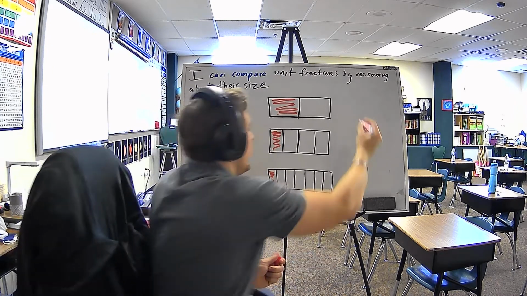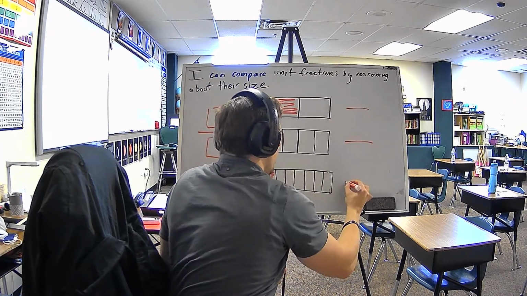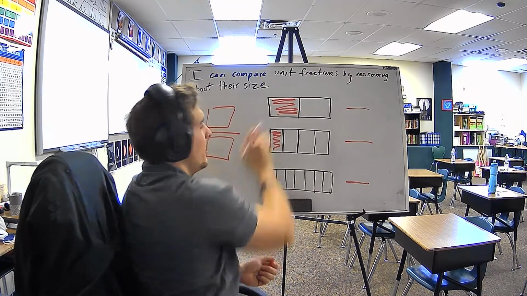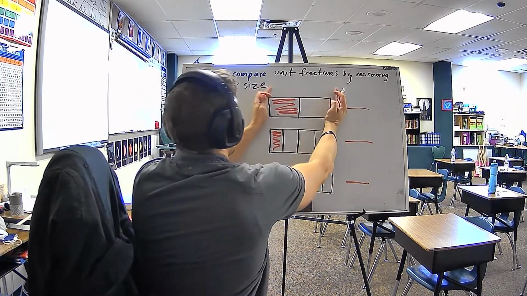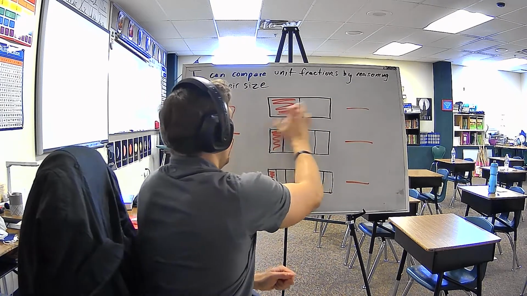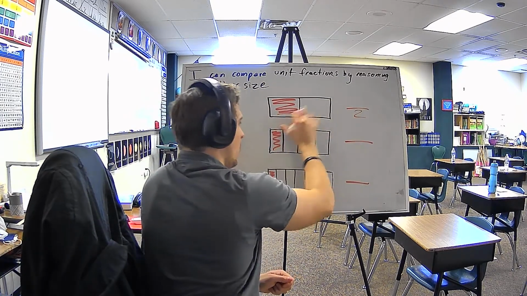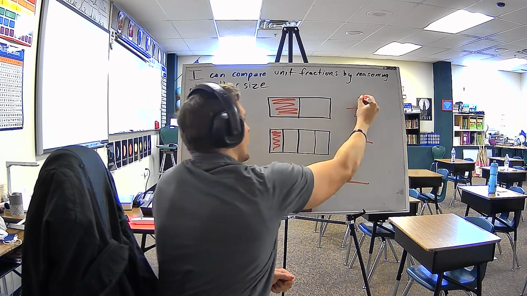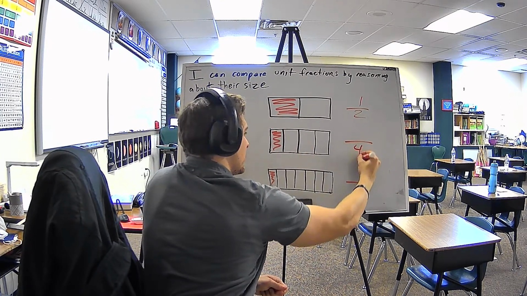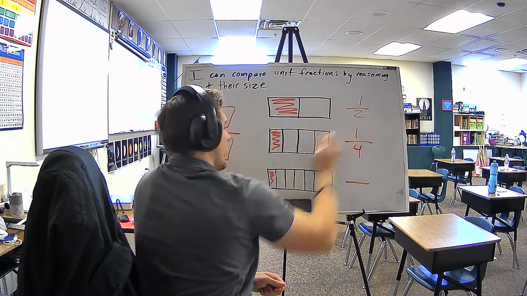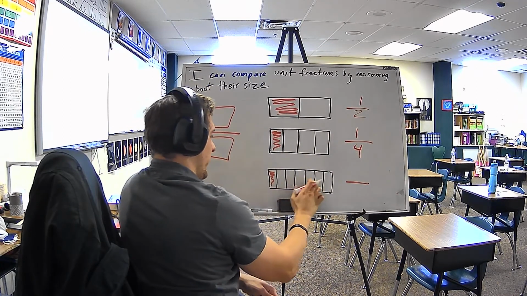So once again, each one of these will be a fraction. Something over something. Starting with this top one, the denominator is how many pieces make the whole. This is the whole. So it's 1, 2, make the whole. And how many do I have? 1. I've eaten 1. Down here, I have 1, 2, 3, 4. 4 pieces to make a whole, and they've eaten 1. Right here we have 1, 2, 3, 4, 5, 6, 7.